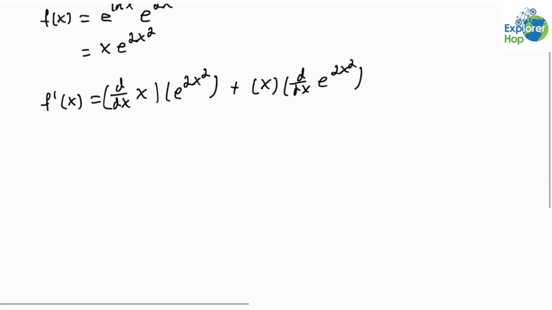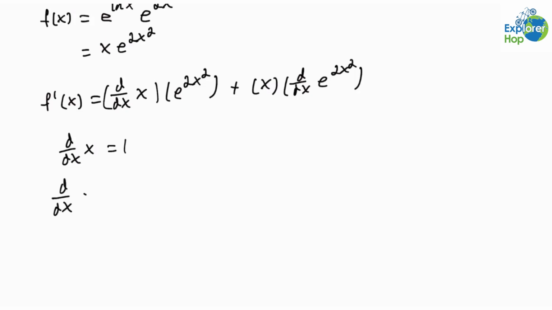We know that the derivative of x is just equal to 1 using the power rule, and using the chain rule, the derivative of e to the 2x squared is equal to the derivative of the outside function, which is e to the 2x squared, with respect to 2x squared.